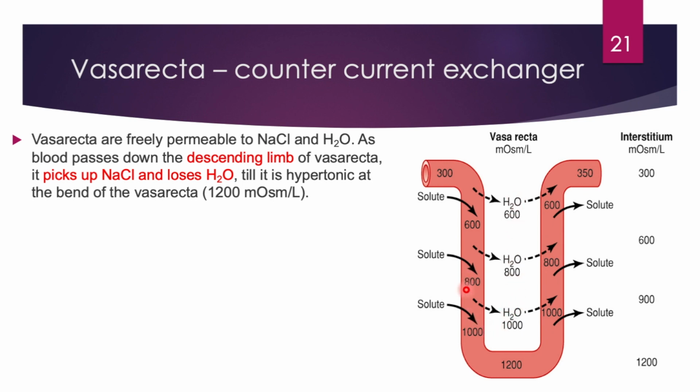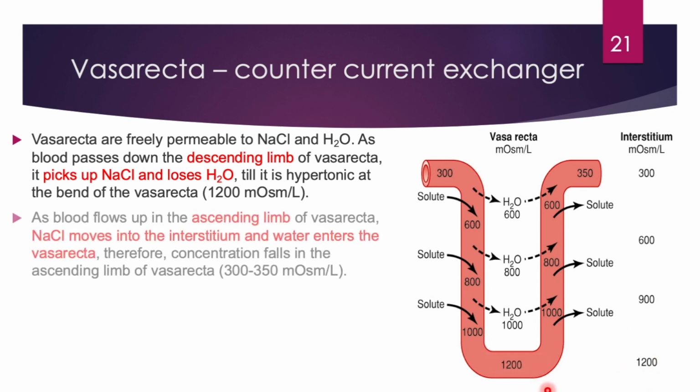So the blood at the bend of the vasa recta has an osmolarity equal to that of the interstitium of the tip of papilla, which is 1200 milliosmol per liter. In the ascending limb of vasa recta, the opposite events will occur. Sodium chloride moves into the interstitium while water enters the vasa recta.